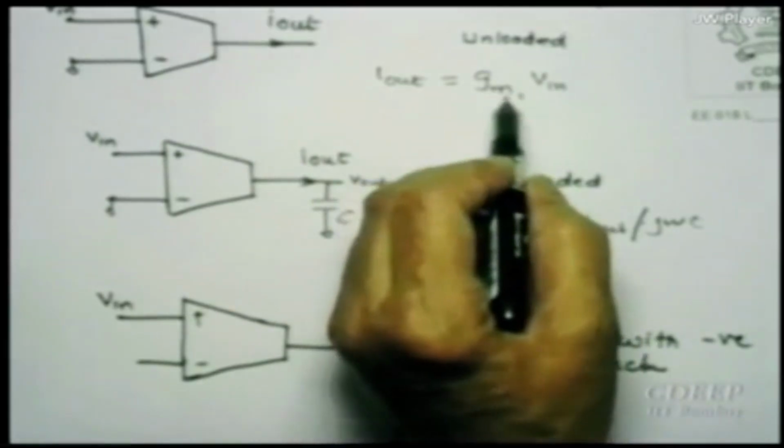So I now figure out that I out has something to do with GM. There is some V in sitting there, so V out by V in is a function of GM by C kind of function. Is that correct? That's something I am seeing here.